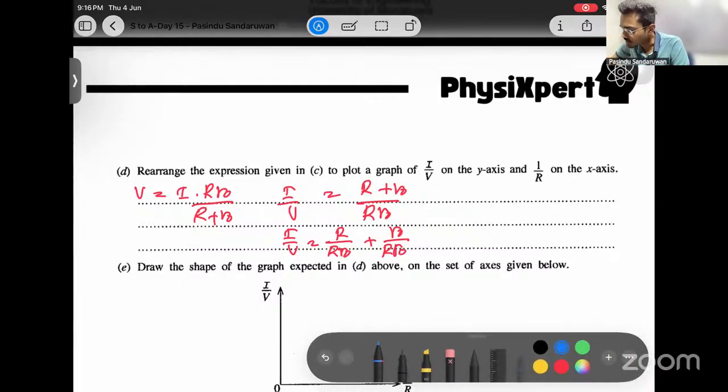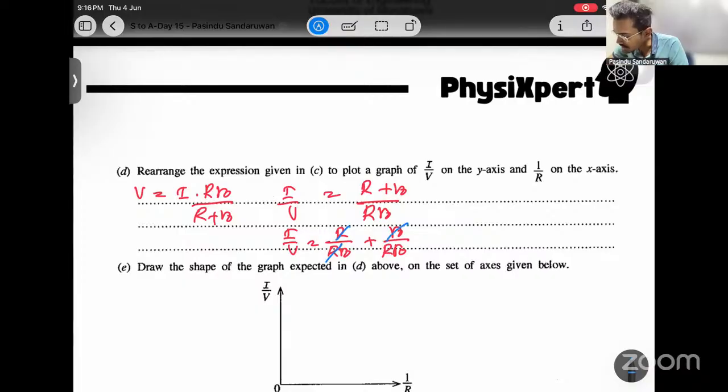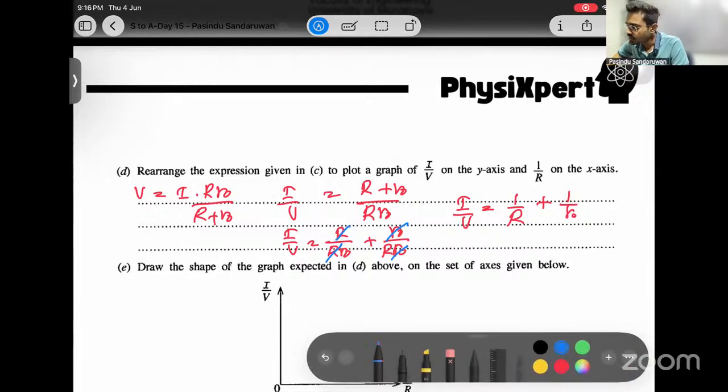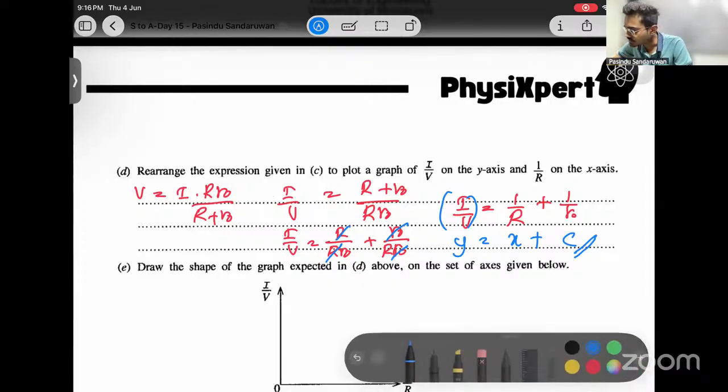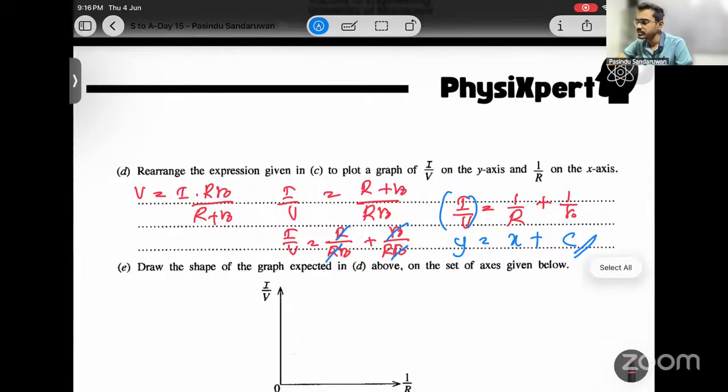These terms cancel, leaving the final answer I over V equals 1 over R plus 1 over R naught. Then this is our y-axis, this is our x-axis, and this should be the intercept. y equals mx plus c, where m is 1 here.